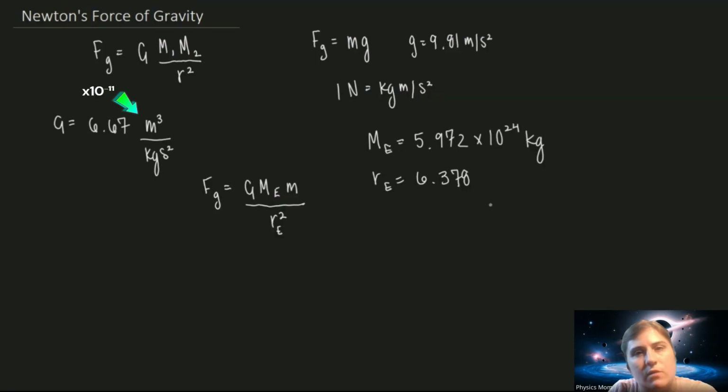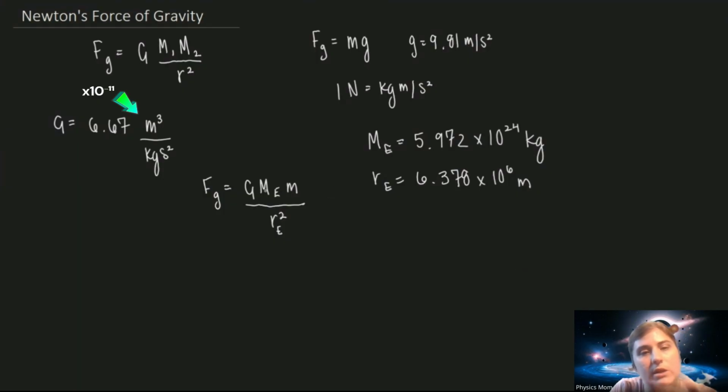The more significant figures I keep, the more accurate this is. I want meters and kilograms, because a Newton by definition is a kilogram times a meter per second squared, and for that to cancel out, I need the correct units.